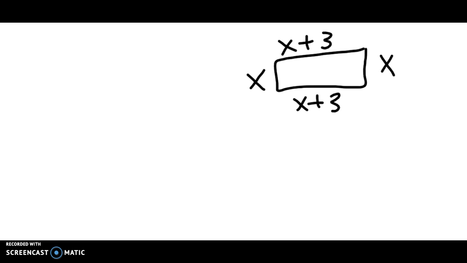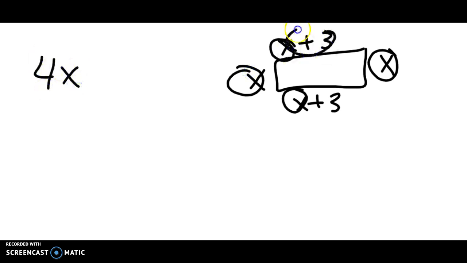So we're going to combine like terms because we have to add up all sides. So you end up with 4x, and then we have 3 and 3 plus 6, and it says it's equal to 42. Solve for x.